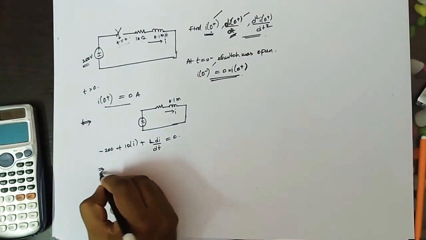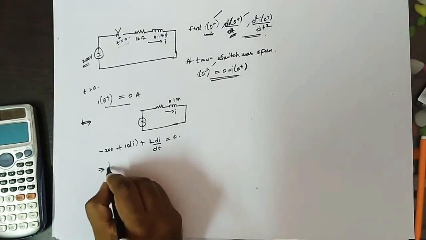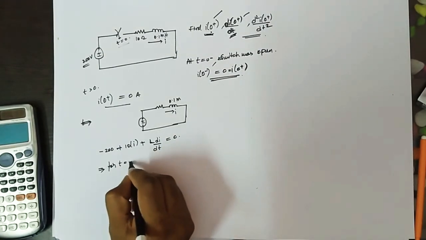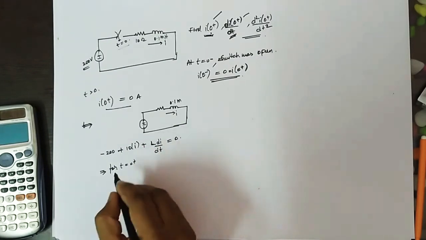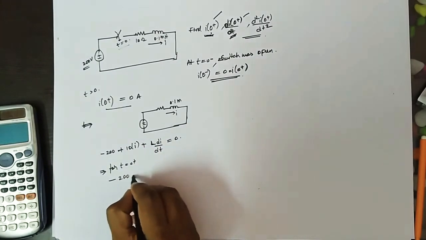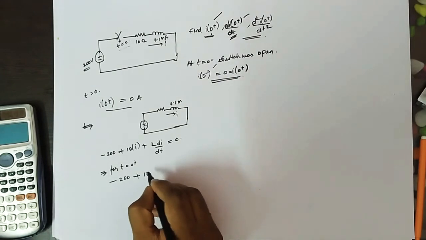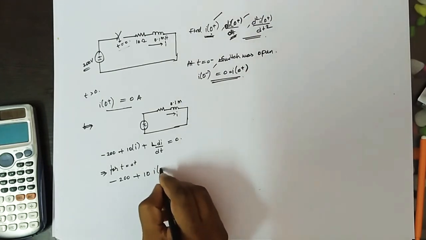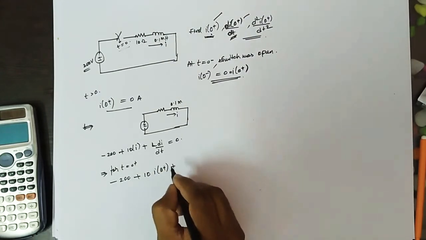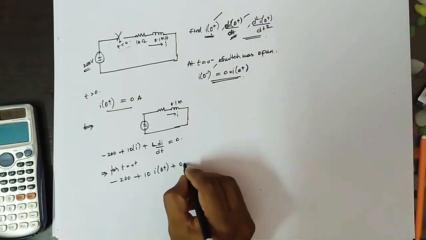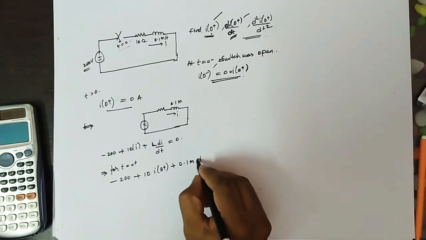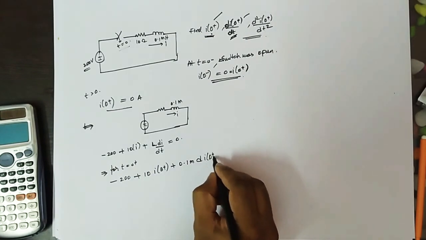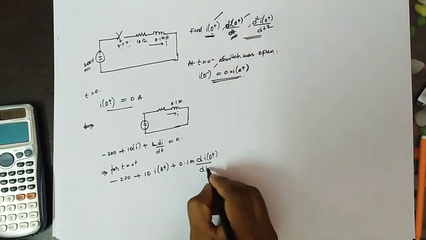So that is equal to what? For t equal to 0 plus, replace I with I of 0 plus. So minus 200 plus 10 into I of 0 plus plus L, replaced by 0.1 millihenry, times di of 0 plus by dt, equal to 0.